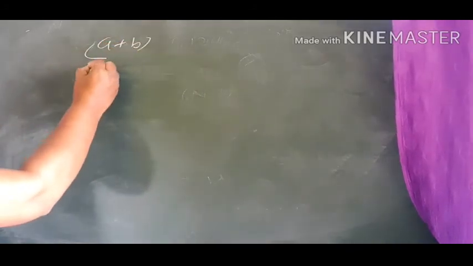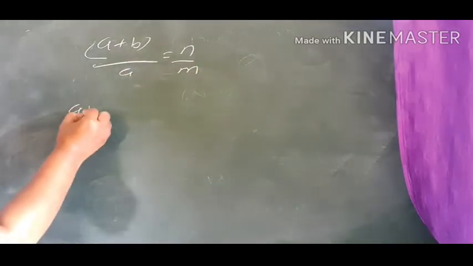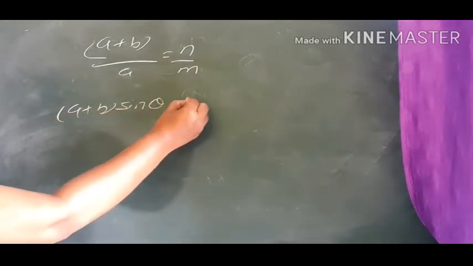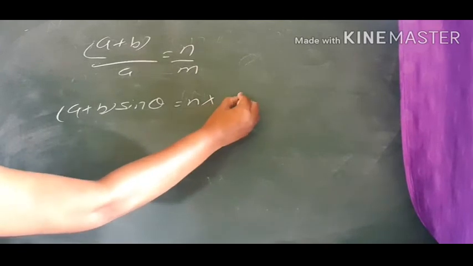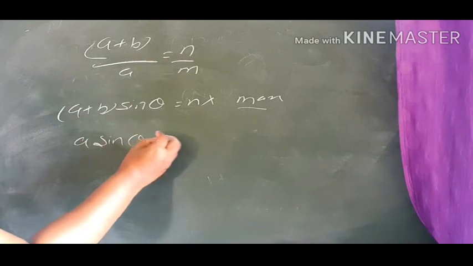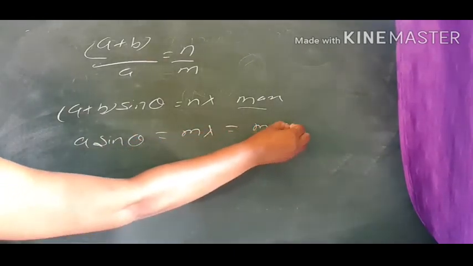Now from these two equations, the equation of maxima for interfering rays and the equation of minima for diffracted rays, we have a plus b by a is equal to n by m. Suppose a plus b sin theta is equal to n lambda, this is the condition for maxima, and a sin theta is equal to m lambda, this is the condition for minima.